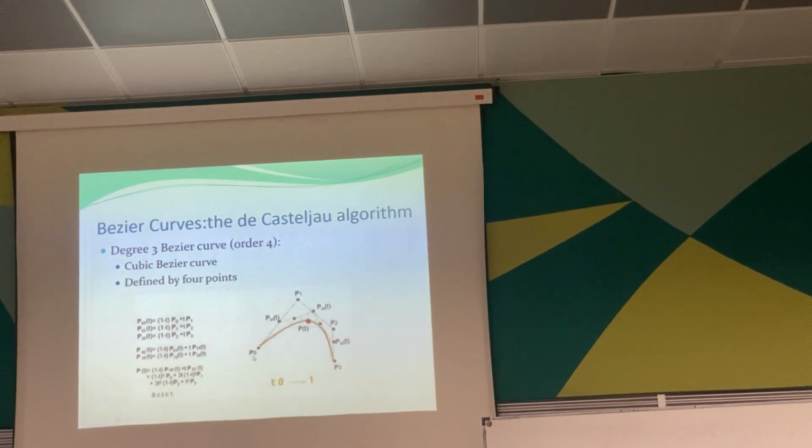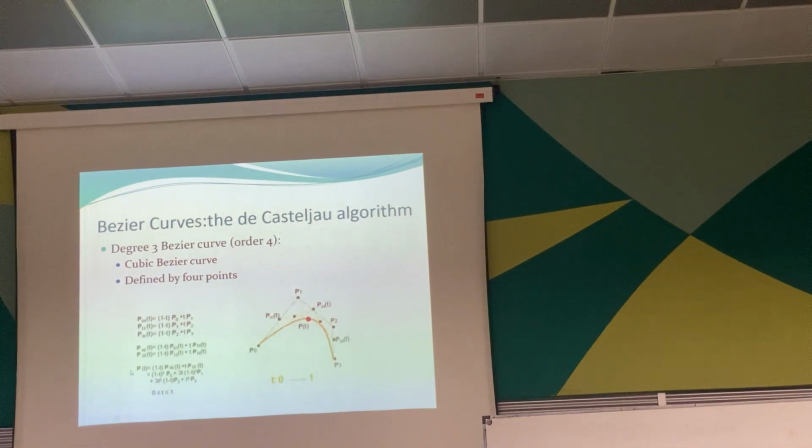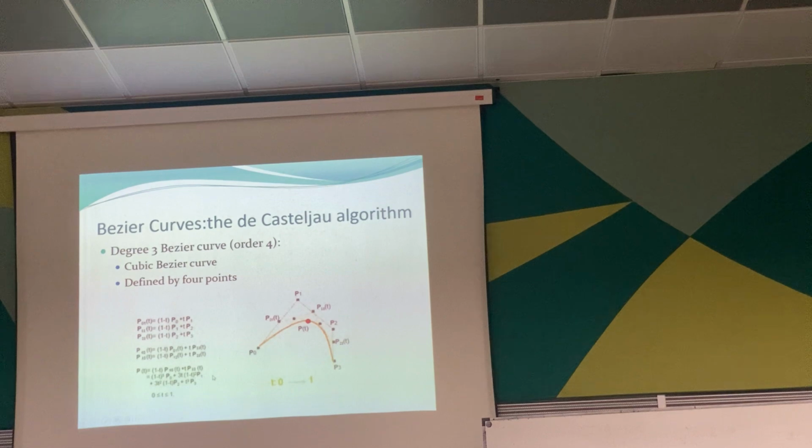So time t goes from 0 to 1. From 0 to 1, this is how you travel along your spline, your curve, through the control points, and then you go here until here, your P3. Then how to get your point on the curve at time t is using your polynomial function.